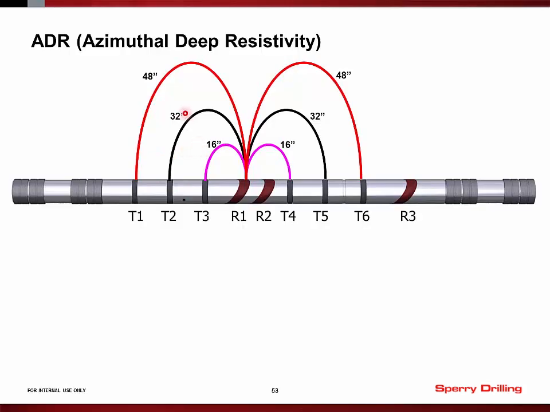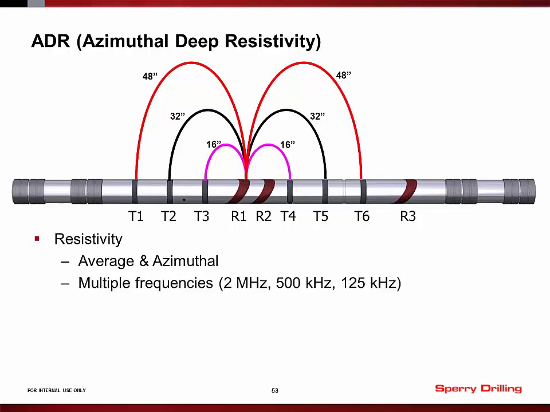We get a 16, a 32, and a 48-inch spacing, which are three of the same spacings that the M5 tool had that I was talking about a moment ago. From these spacings we get resistivity, of course. It's average resistivity like the M5, but also azimuthal resistivity, which means that it's measured in different directions around the borehole. Each of those spacings operates at multiple frequencies.